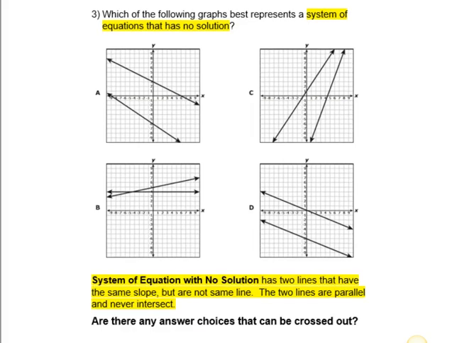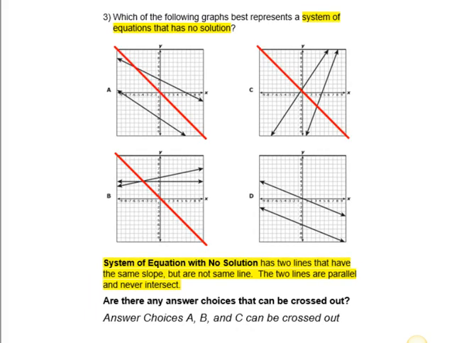Now that we understand our definition of a system of equations with no solutions and looking at our graphs, are there any answer choices we can cross out because we know they're wrong based on that definition? Yes, we can.